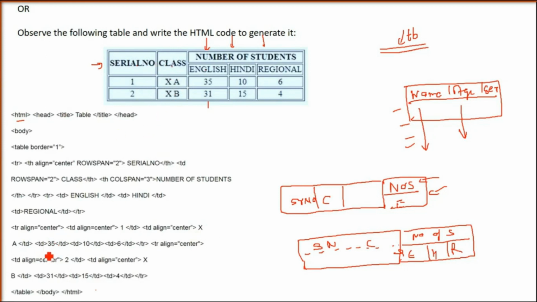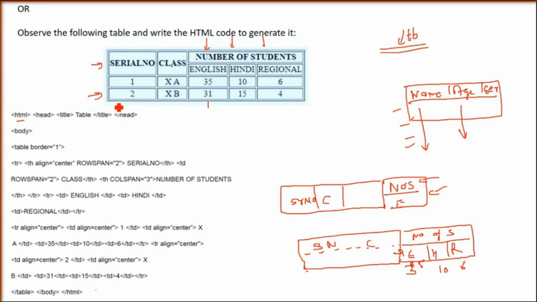And again TD, and the TD is 35. By default it will come below English. When we come to the third row, this 35 will come. Then we have 10, and in the same way 6 will come. Same thing you have to write for 35, 10, 6.